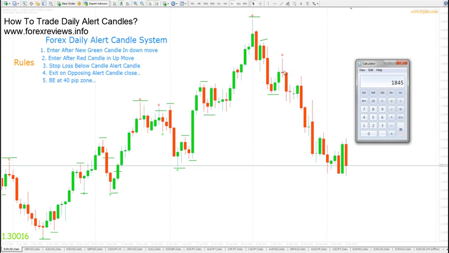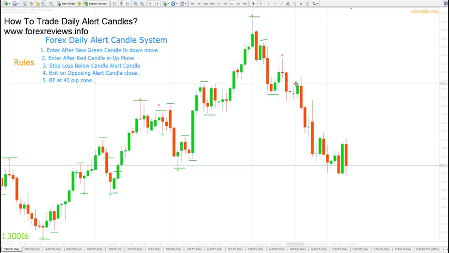Okay, so this one here, right, so put this here, enter a short about here, right, and you ride that down to about here, which is 60 pips.